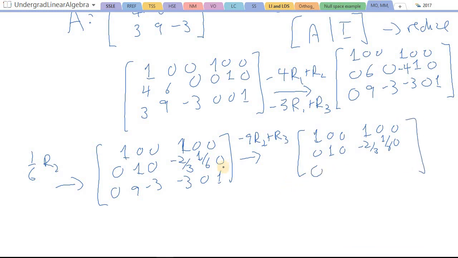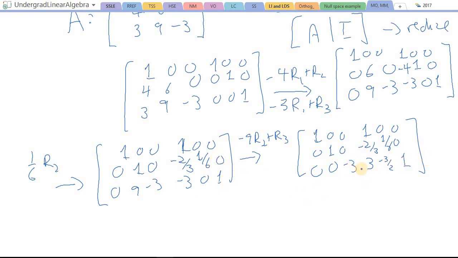Then here we have 0, minus 9 plus 9, 0. Minus 9 plus 0 plus minus 3, minus 3. Minus 9 times minus 2/3. Well, one of the 3's cancel. That gives me 6. Minus 3 gives me 3. Minus 9 times 1/6 is the same as minus 3/2 plus 0, minus 3/2. And 0 plus 1 is 1.